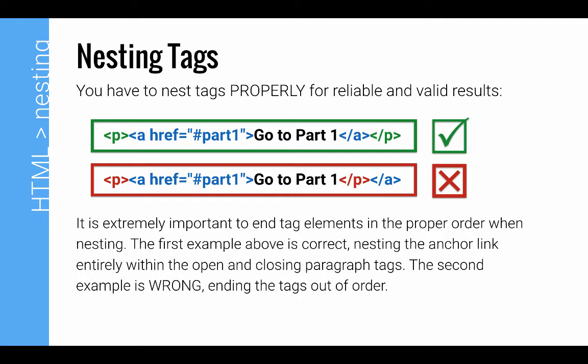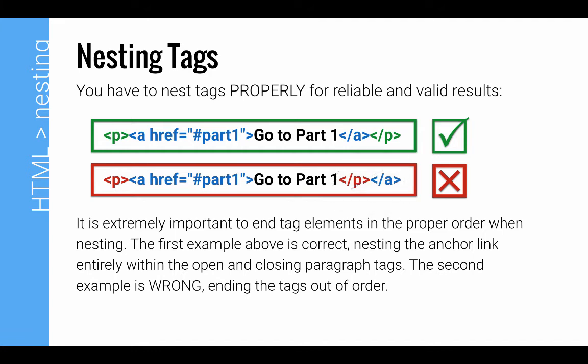Okay, so again, about nesting tags, you have to nest them properly for valid markup. So if you look at the one that's got the check mark next to it in green, it's a paragraph tag. So inside of that paragraph tag, it has an anchor nested inside of it. The one that has the red X next to it is improperly nested and would actually give you fits in certain browsers.